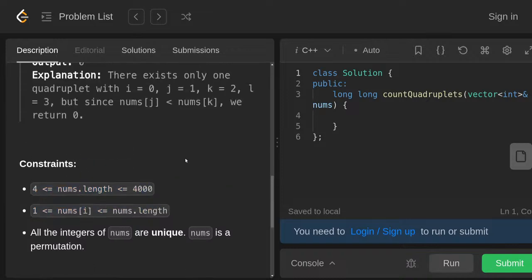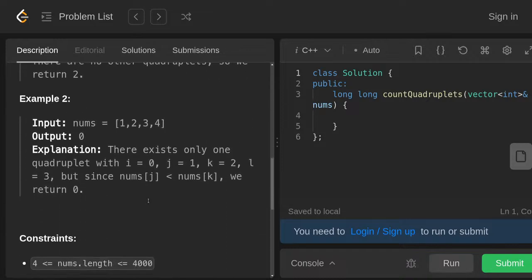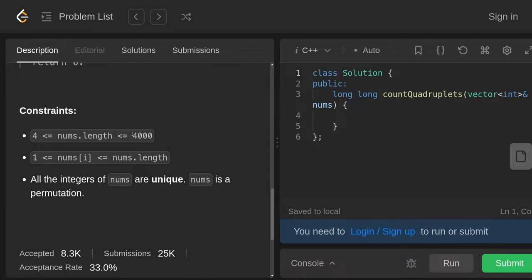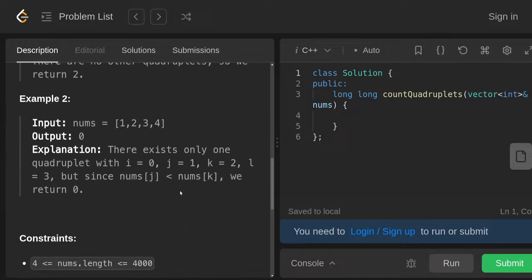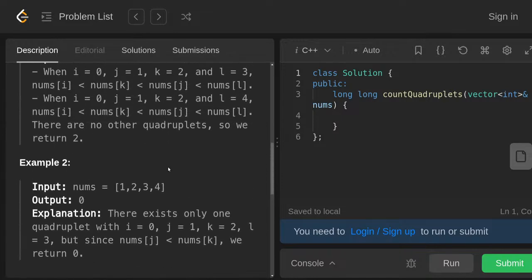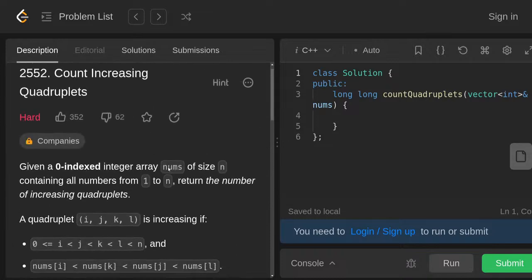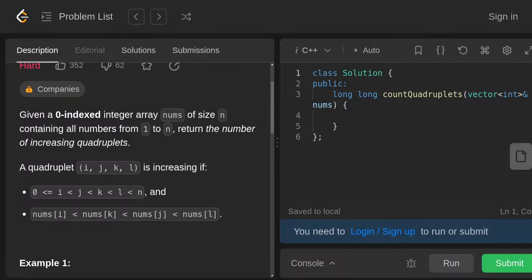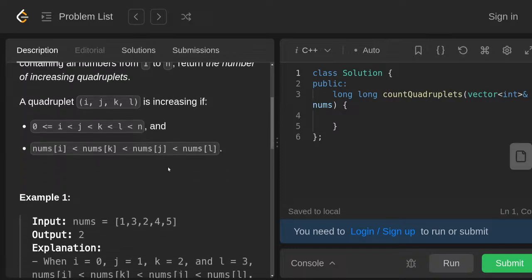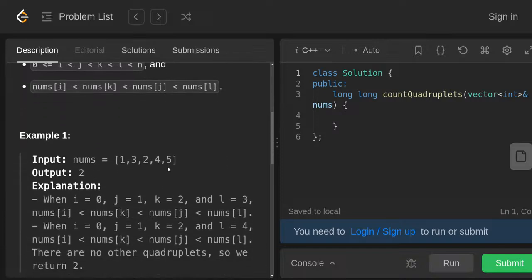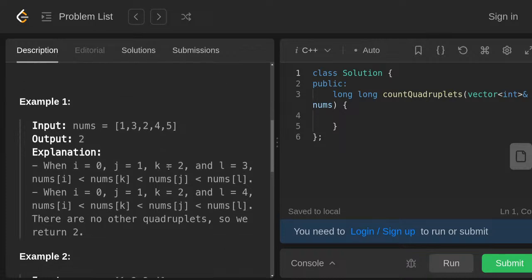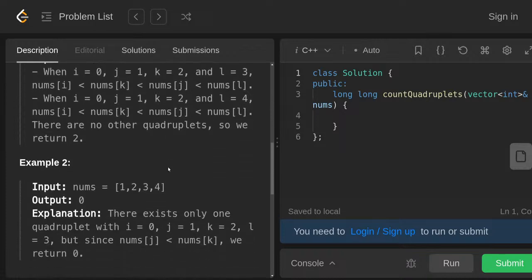Constraints are fairly small. This is possible to solve in n square log n or even n square in some cases. So first I will go over that approach. We'll submit it, and then try to optimize it as best as possible, considering all the advanced techniques and data structures that we can use.